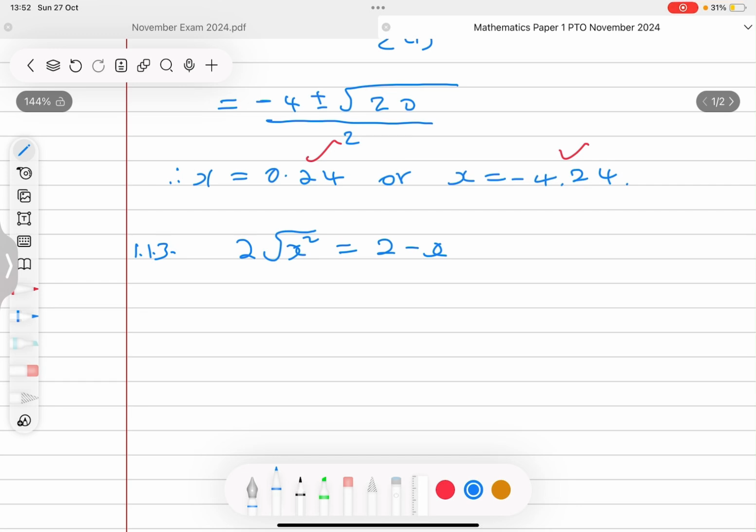Now with this question, the first thing that we do, we square both sides to remove the square root. Remember, what you do on the left, you also do on the right. Now, when we square this on both sides, you would remember from the laws of exponents that these 2 will come here and also come here. It will affect both the 2 and the root of x squared.